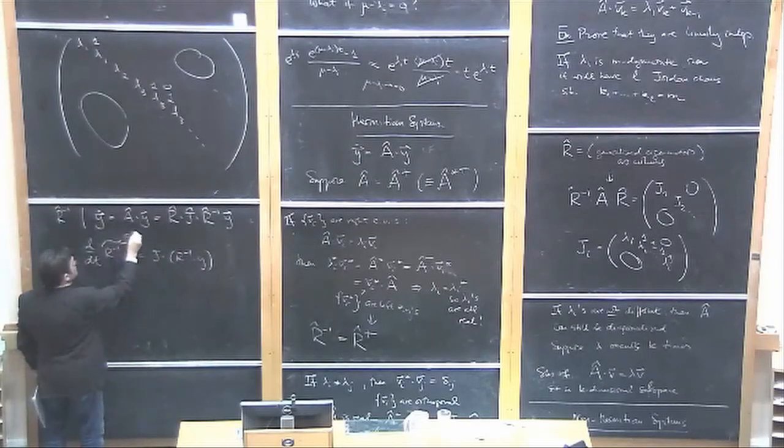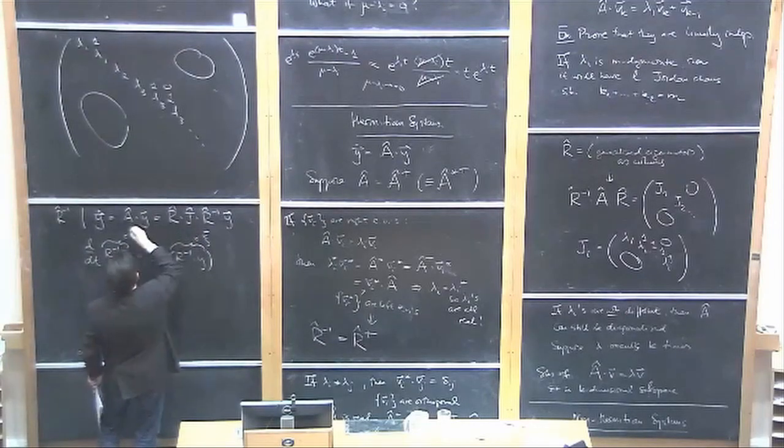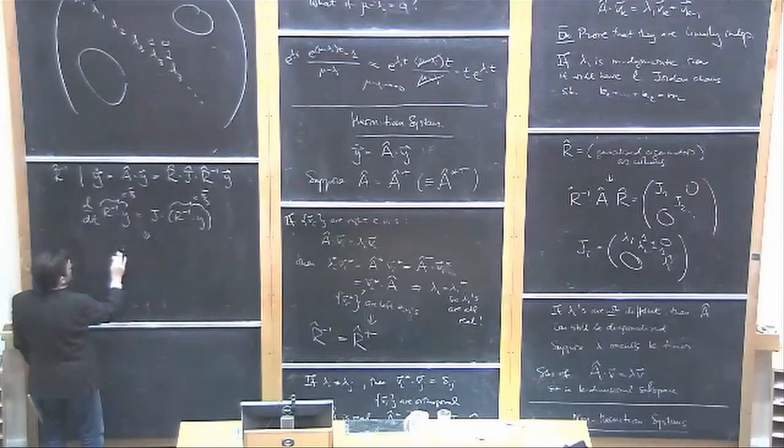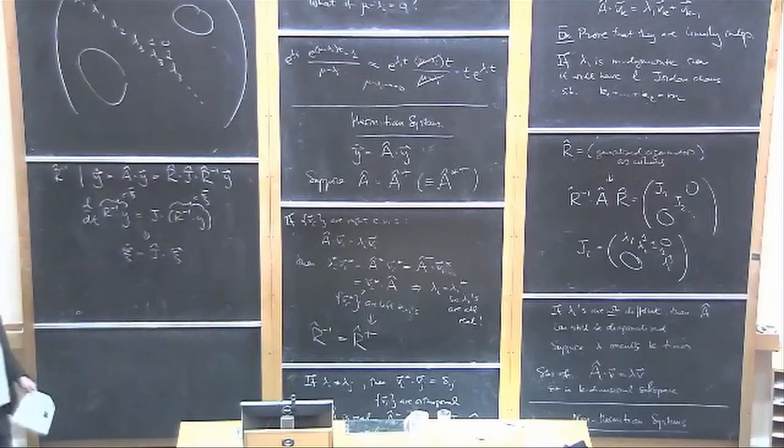You call that xc. And so your system now looks like xc dot equals the matrix in the Jordan form times xc.